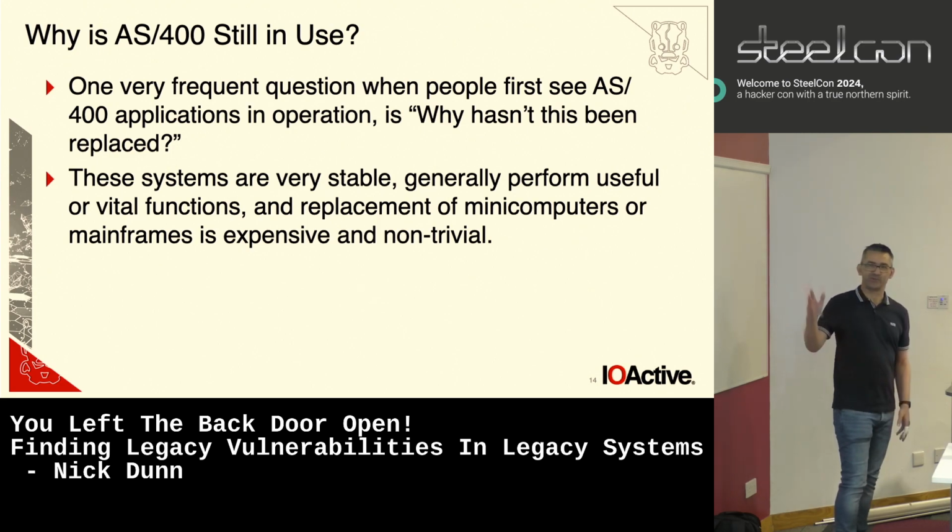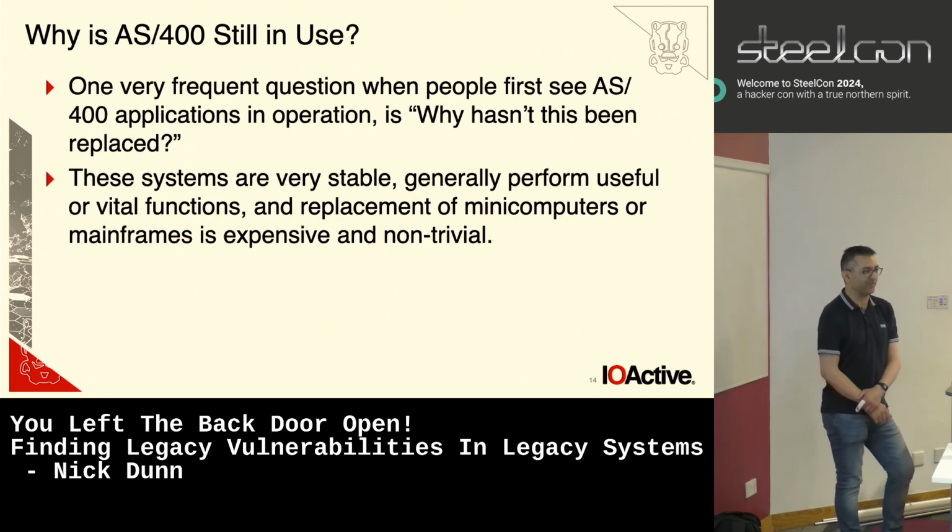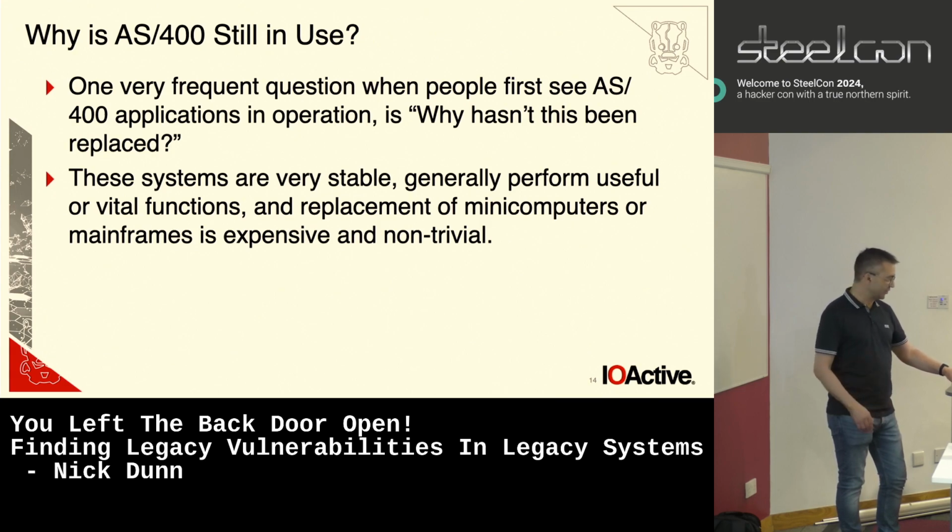So that's the sort of scale of costs to bear in mind when thinking, why is this still here? Why hasn't it been replaced? It can be a lot of money needing a lot of justification to replace something so stable that's not broken and not doing anything wrong.